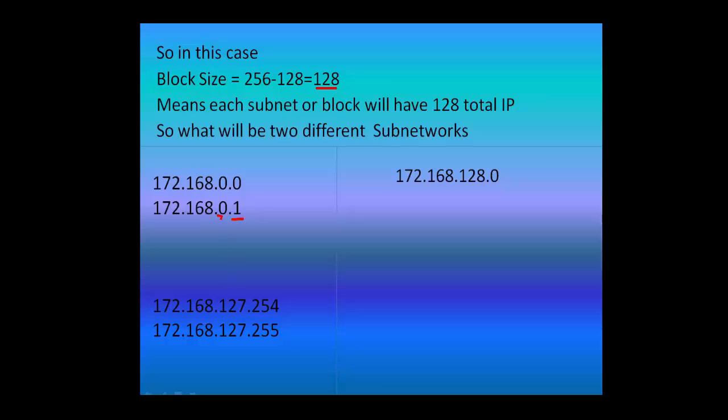Look here, variation comes here from 0 to 127, that is 128, and here also 128 to 255 variations are coming. This value goes 2, 3, 4, 5 up to 255. Again it becomes 129, again the value goes to 255, it becomes 130. It keeps going, and the last valid IP will be this, and broadcast IP will be this one.